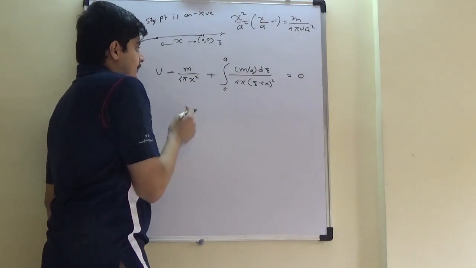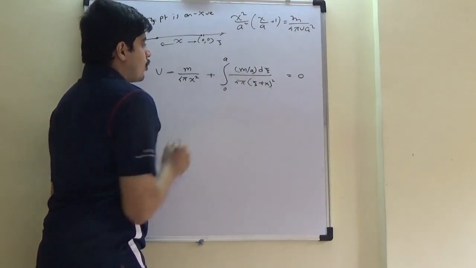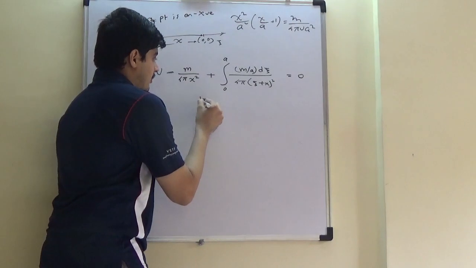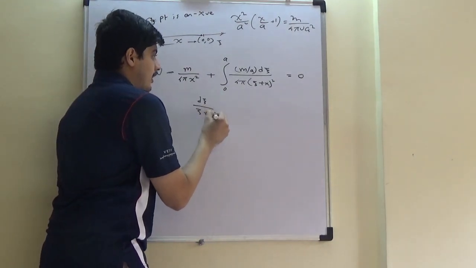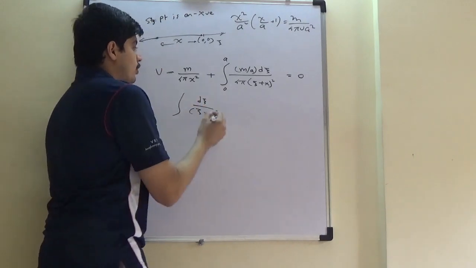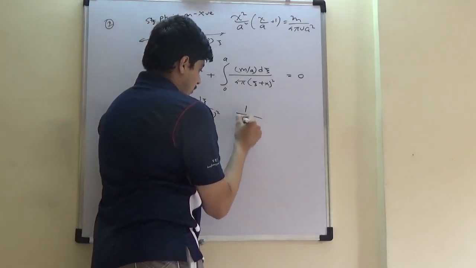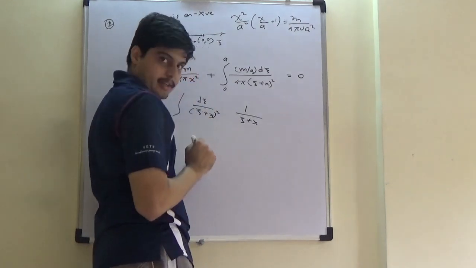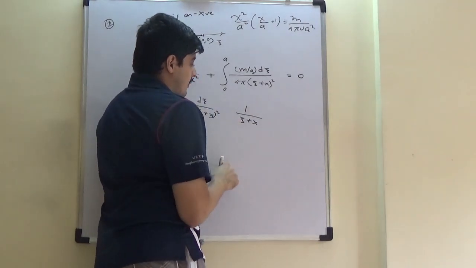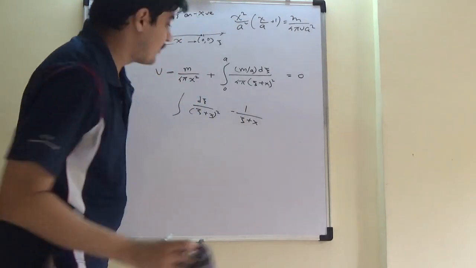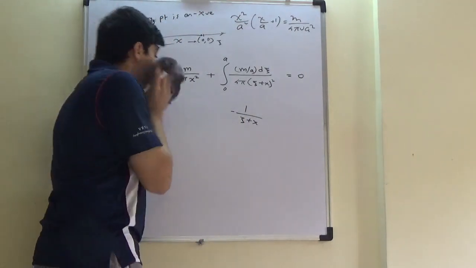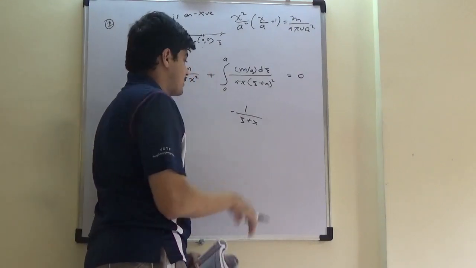What does that mean? Now, in order to solve this, d zeta upon, now x is like a constant, right? So zeta plus x square integral. How would you write this? 1 upon zeta plus x, right? When you differentiate 1 upon zeta plus x, we will go back quickly, because if you are getting confused in mathematics, the best way is to go from first principle.